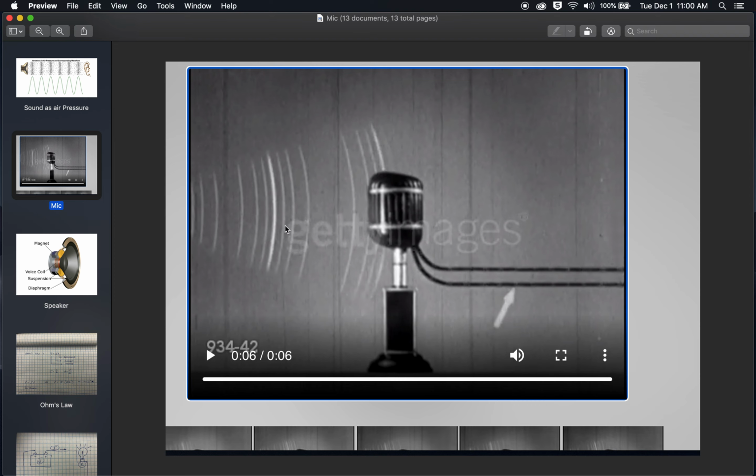So we know that microphones work in basically the exact same way that our ears do, right? Sound waves, or changes in air pressure, hit a diaphragm in a microphone that transfers that energy in one of two ways. Either with dynamic microphones, it's electromagnetic induction, where the capsule is vibrating around a magnetic field.